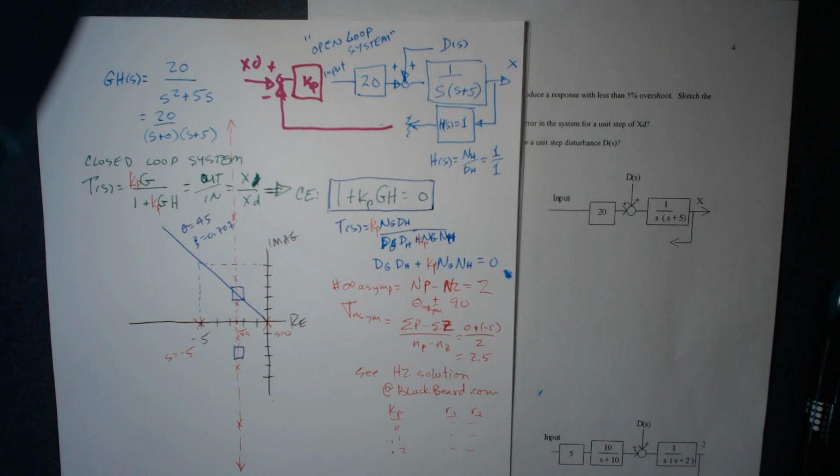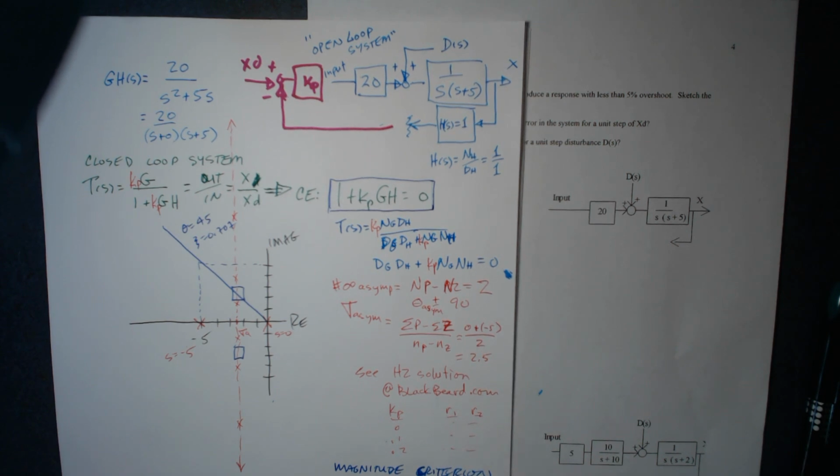Now I'm going to go back and use the magnitude criterion. It says 1 plus Kp GH equals 0, so Kp GH equals -1. Kp is a scalar, so it has no direction, but GH is a complex number, so let's look at the magnitude.